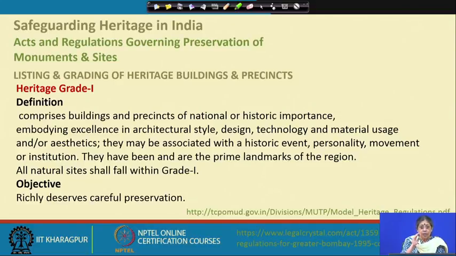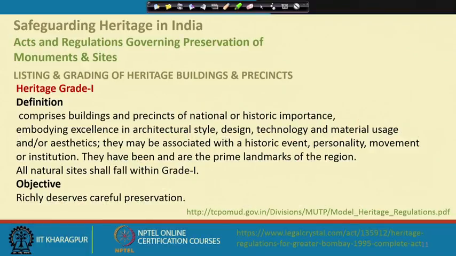If the structures, areas, artifacts or spaces are of grade 1, it deserves careful preservation. That means we just can't do whatever, like repairing, addition, alteration, or changing the color or material. It has to be carefully preserved.